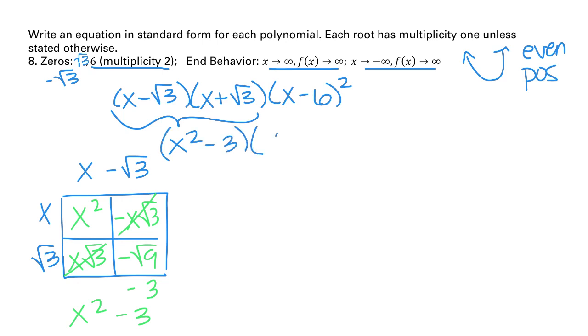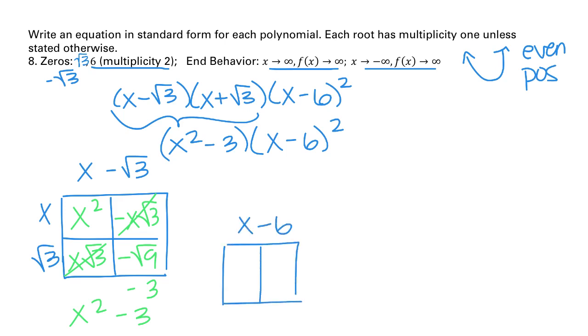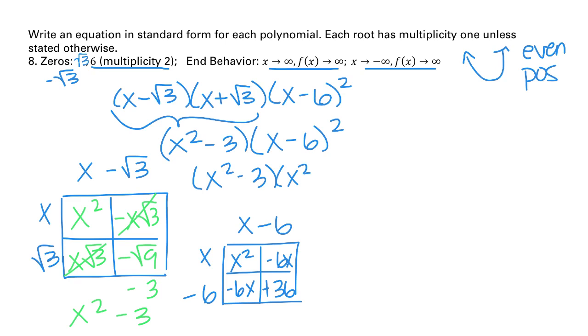And we want to multiply that times x minus 6 squared. I'm going to do x minus 6 times x minus 6, x squared minus 12x plus 36. And then finally multiplying these two together.